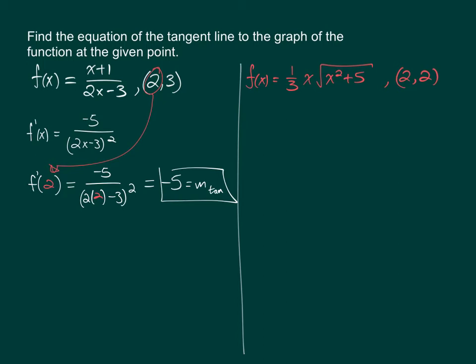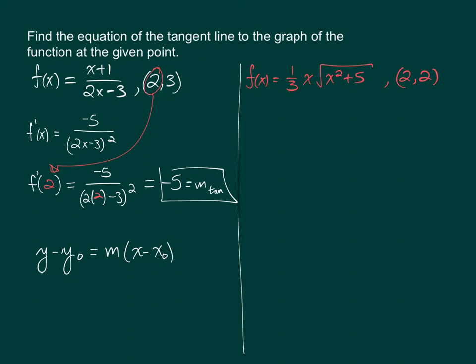With this in mind, you can write the equation of a line, and I prefer the point-slope form. So that's y minus y naught equals m times (x minus x naught). And you get these values, x naught, y naught, from this point right here.